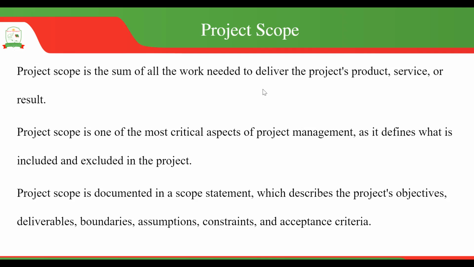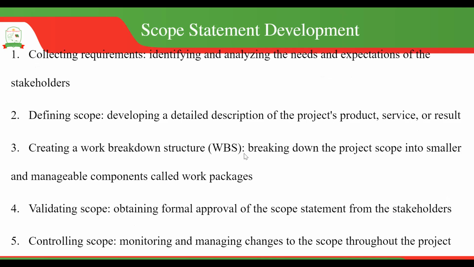You have what you call the scope statement. That means you need to outline the objectives of the project, the deliverables, the boundaries, assumptions, constraints, and acceptance criteria. That is very key. You can use a number of tools to develop this scope statement.